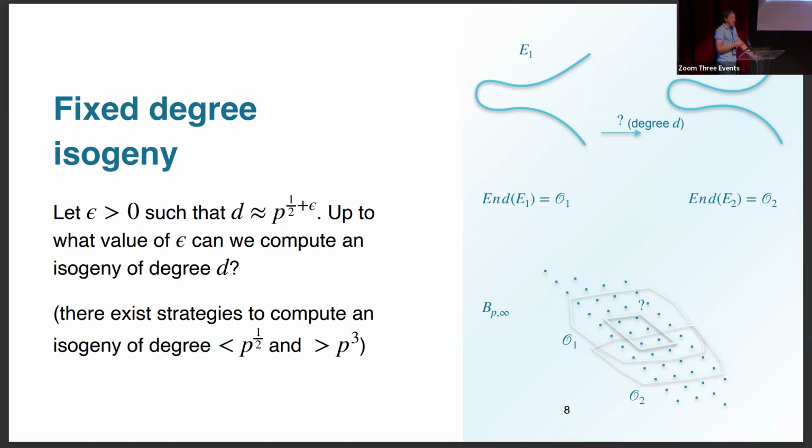It's because there exists an algorithm to compute an isogeny of degree P squared, which exploits the fact that this is usually the shortest isogeny between two curves. And for the degree P to the 3 and more, there is of course the KLPT algorithm. P is the characteristic of the finite field here.